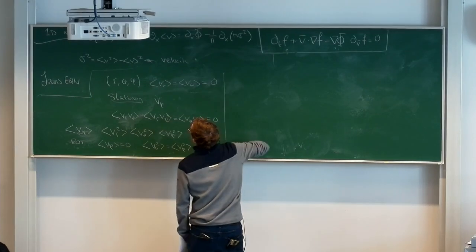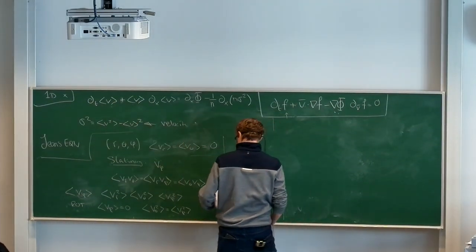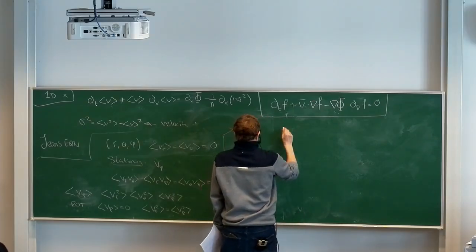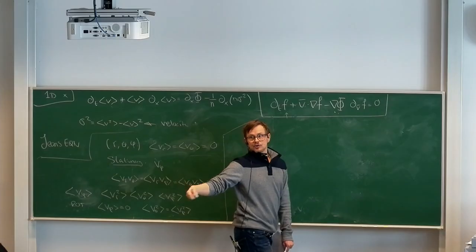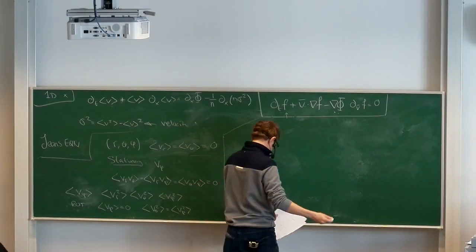With the stationary condition, this is then also 0, and we can write down the only non-zero component of the Jeans equation, which is the radial part.